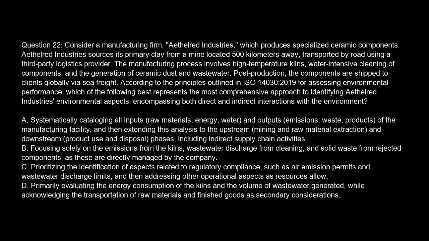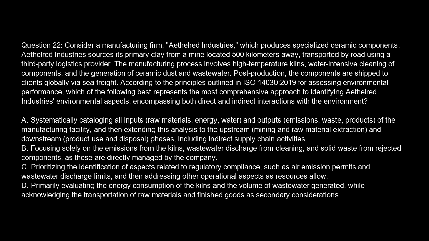Option A. Systematically cataloging all inputs, raw materials, energy, water, and outputs, emissions, waste products of the manufacturing facility, and then extending this analysis to the upstream mining and raw material extraction, and downstream product use and disposal phases, including indirect supply chain activities. Option B. Focusing solely on the emissions from the kilns, wastewater discharge from cleaning, and solid waste from rejected components, as these are directly managed by the company.